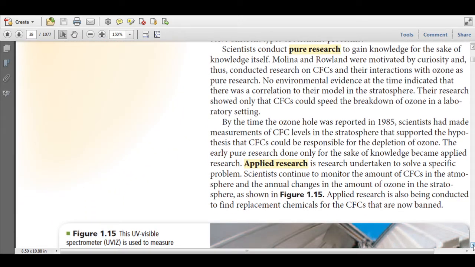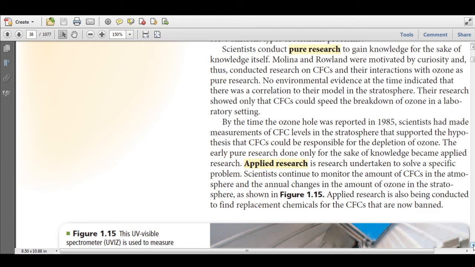By the time the ozone hole was reported in 1985, scientists had made measurements of CFC levels in the stratosphere that supported the hypothesis that CFCs could be responsible for the depletion of the ozone. The early pure research, done only for the sake of knowledge, became applied research.